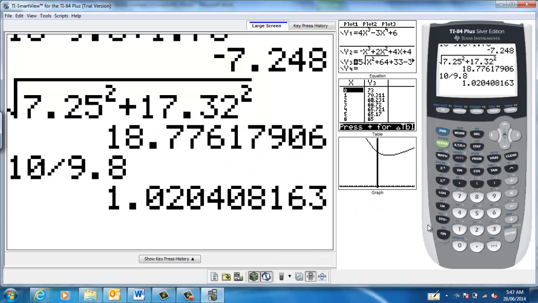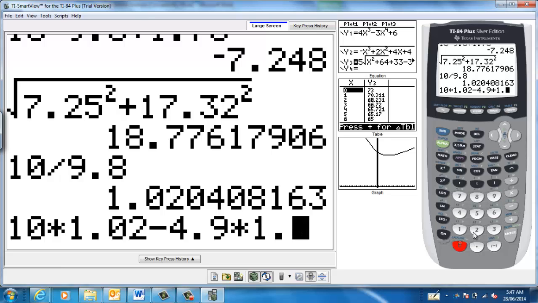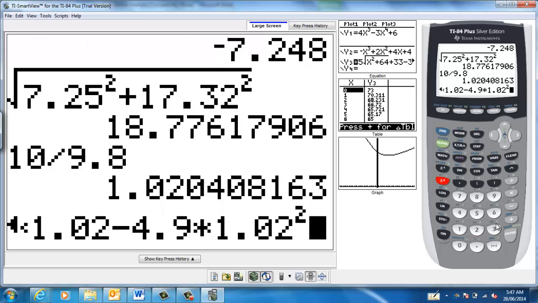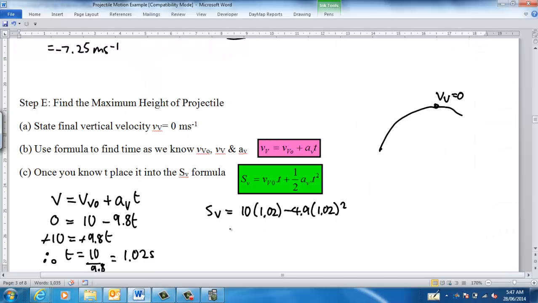So do it on our calculator. 10 times 1.02, take 4.9 times 1.02 squared. Now a lot of people forget the square bit there, so don't do that. That's 5.1 metres, and so we've actually found that height.